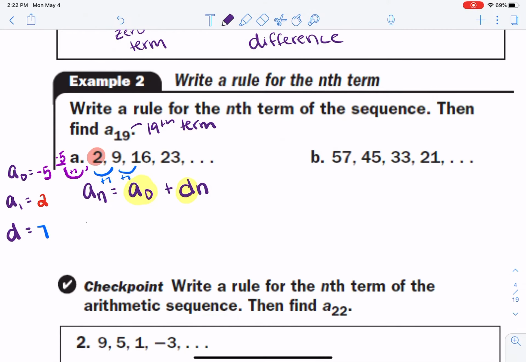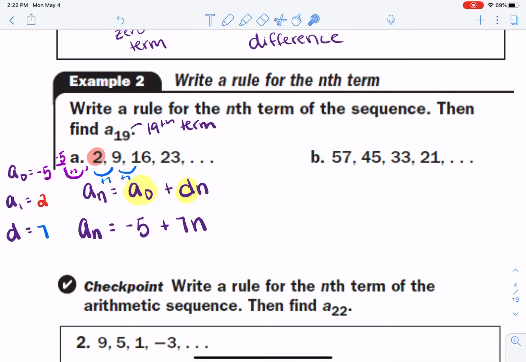Now we can plug in everything we know. a sub 0 is -5, plus d, which is 7, our common difference, times n. This right here is our rule. We finished that step. That's great. But it also asks up here to find the 19th term. This is our first term, second term, third term, fourth term.